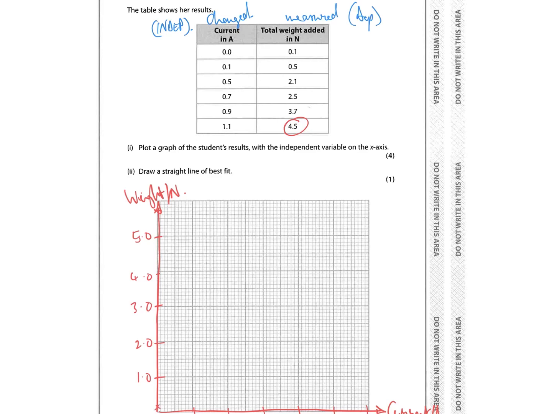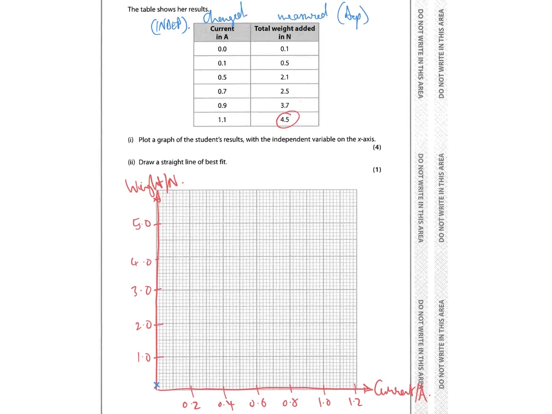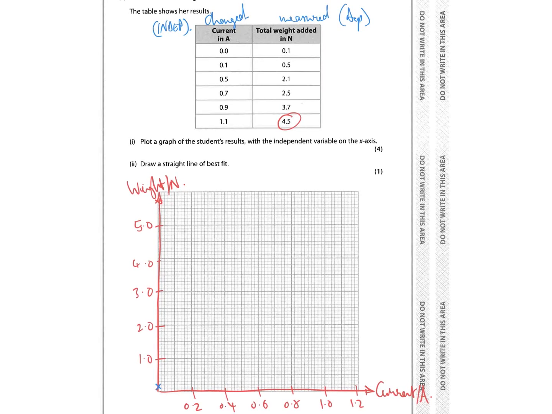I'll plot this in blue actually. Then at 0.1, I have 0.5. At 0.5, which is here, I'm looking at 2.1.